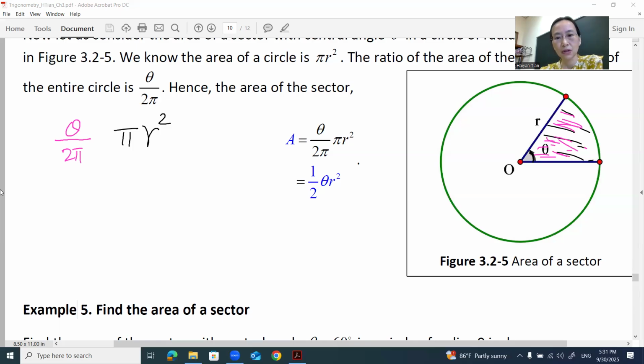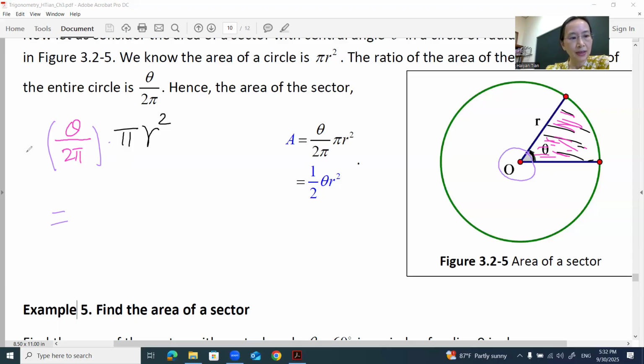So theta compared to 2 pi shows the percent of the area of the sector compared to the whole circle. Multiply these two, what do we get?